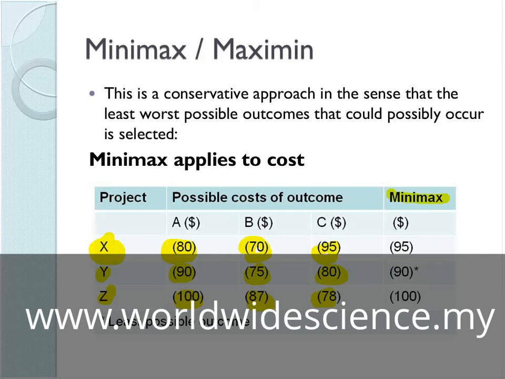We can see that this one has the largest cost compared to the others, 95. So we put 95. That is the worst possible outcome, meaning the worst possible cost in this project.